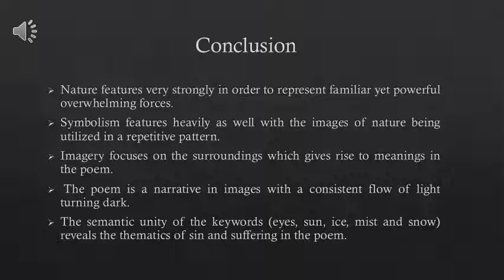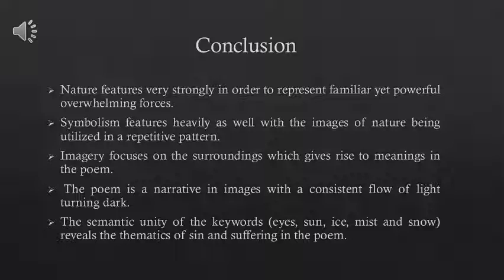Imagery focuses on the surroundings, gives rise to meanings in the poem. So imagery, they are not images per se. They actually represent certain themes that can be unpacked further. So for me, the poem is a narrative in images with a consistent flow of light turning dark. And the semantic unity of the keywords sun, ice, mist, and snow reveals the thematics of sin and suffering in the poem.